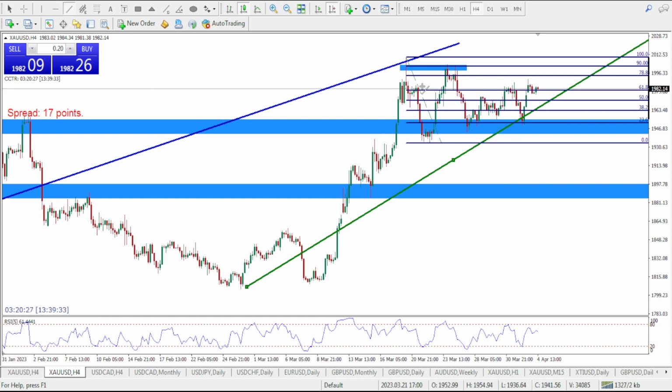But it was supposed to go down. It reversed from, like, it was supposed to retest this, but it couldn't, which means that yes, this is an uptrend.